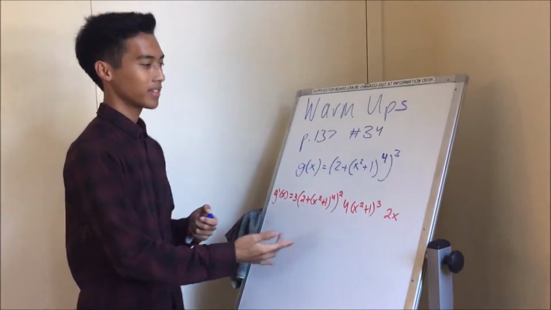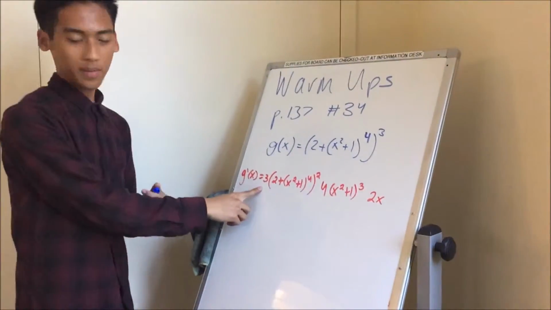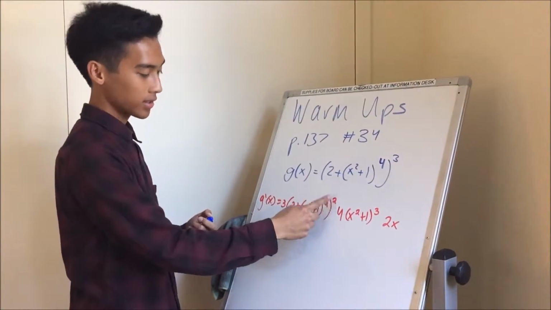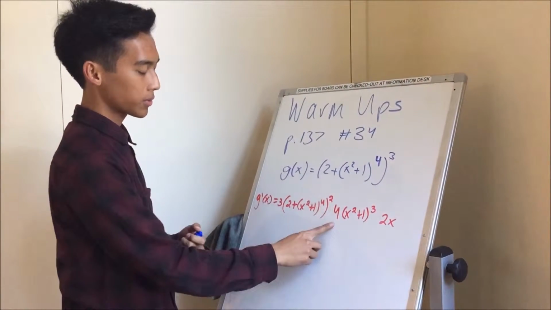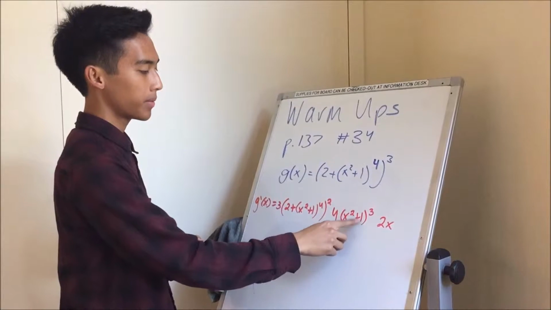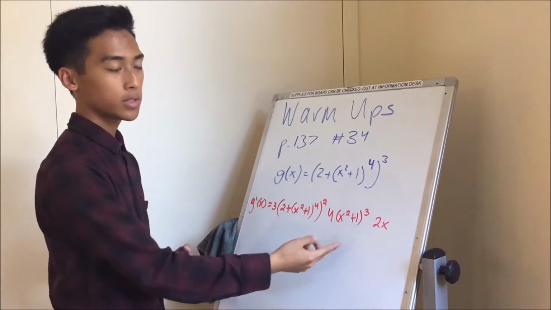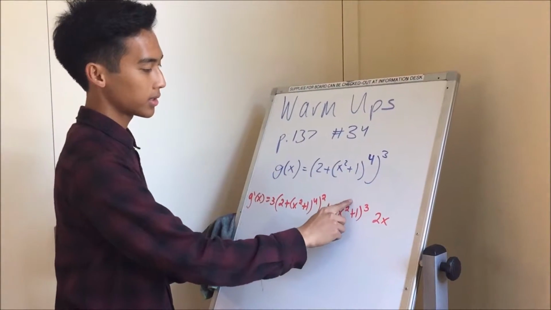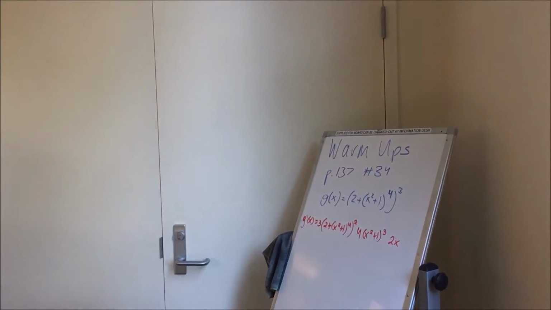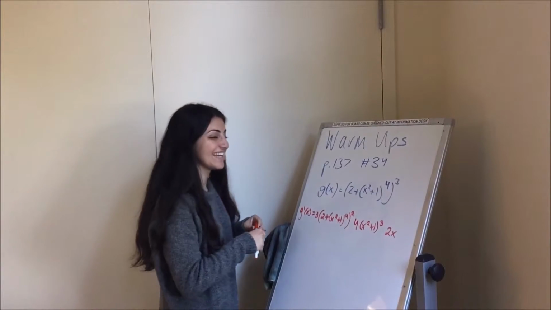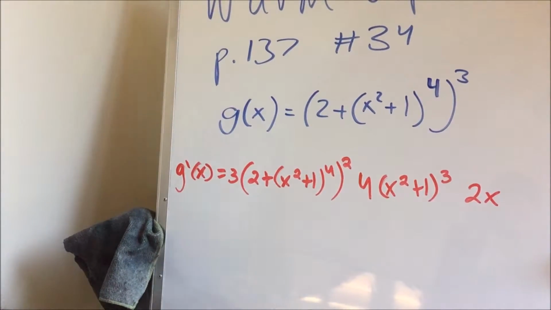Well, to get that answer, first you have to bring the power down to make it 3 and making this 2. And using chain rule, you have to take the derivative of the inner function, which results in 4 times (x squared plus 1) to the power of 3. And to get 2x, you still have to use chain rule, which is the derivative of x squared plus 1, leaving it as 2x. Now you have to simplify.